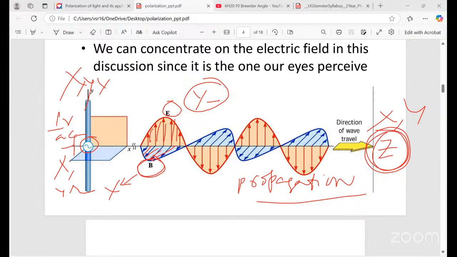So the components of the electric field as well as the magnetic field are perpendicular and vibrate in different directions. But the energy, which is transferred from one particle to another particle, is along the other direction. This direction is also perpendicular to these two components. Getting my point? So this type of wave, what type of wave is it?